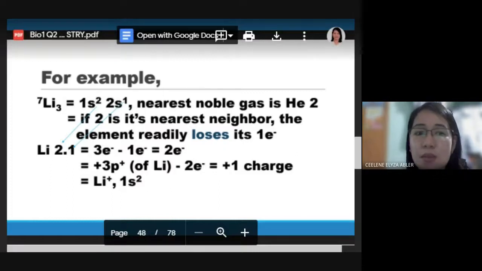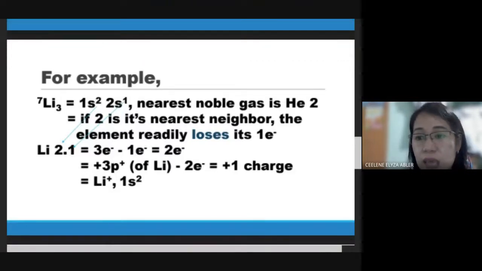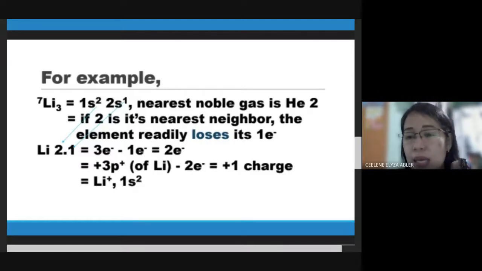You will also notice that as it loses its electron, it becomes more positive. Remember, dahil mas marami na ang naiwan na protons than its electrons. So remember that the original electron natin is we have here 3 electrons and it loses 1 electron. So it becomes 2 electrons.